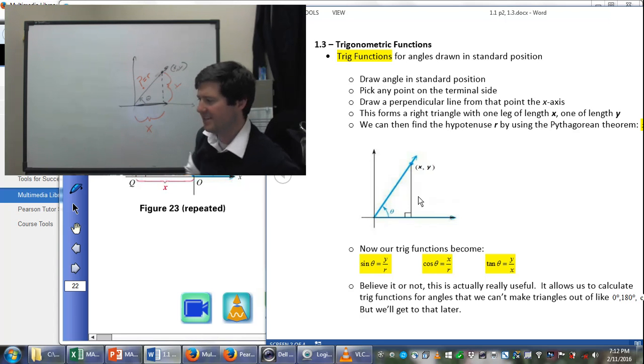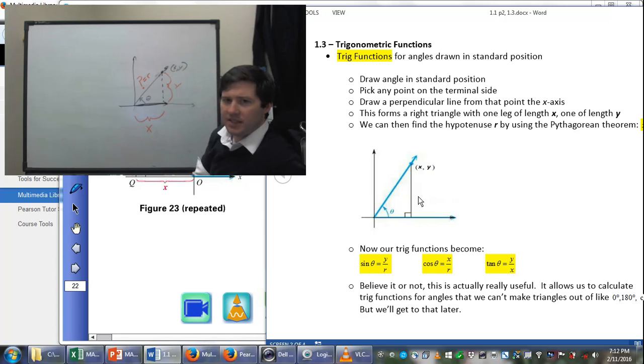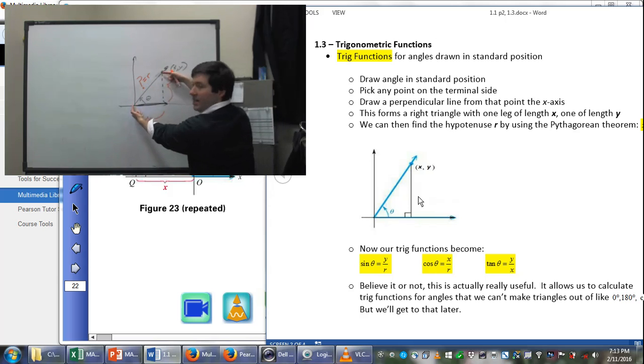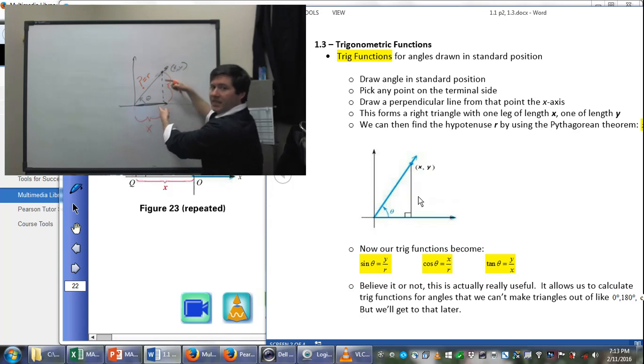that side right there. Now, in order to solve our right triangle here, we also need this side, the hypotenuse. And what is that side? Well, in this case, we don't know because I don't have any numbers here, but I can still come up with a formula for it.